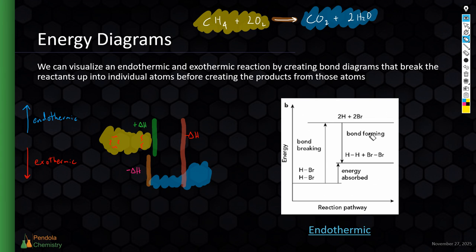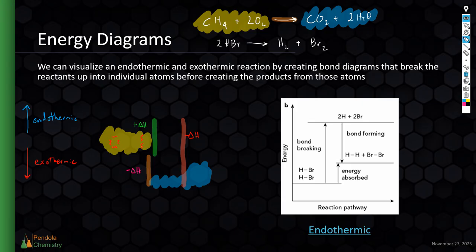In this endothermic process, in this reaction we have hydrogen bromide, 2HBr. I'm going to draw the reaction up here. So we have 2HBr being decomposed back into hydrogen and bromine.